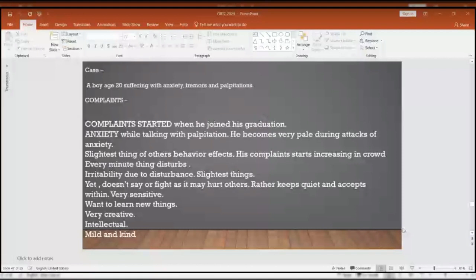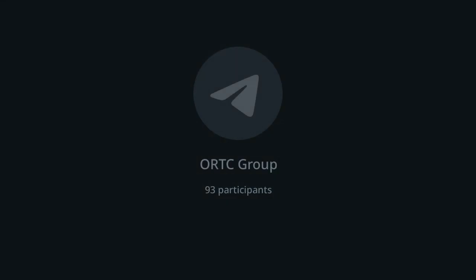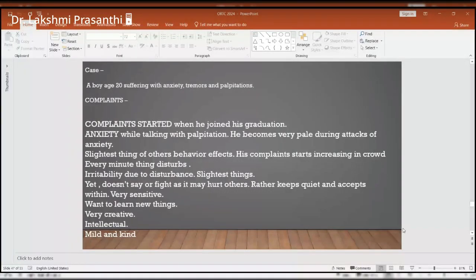That small thing was also irritating and disturbing him. There was a lot of irritability inside, but it was due to the slightest, very trivial things, a smile, minute trivial things. Yet he never used to say or fight, as it may hurt others and people would laugh and make fun of him.